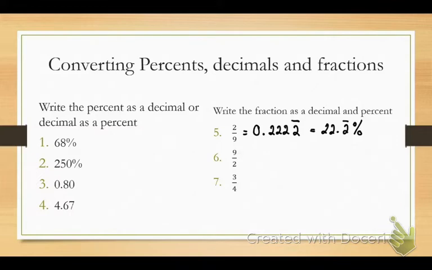What about 9 over 2? What is that? 4.5. And then what is it as a percentage? What did you guys get? 450%. I'm going to give you another minute to get number 7 done. Shouldn't take too long.